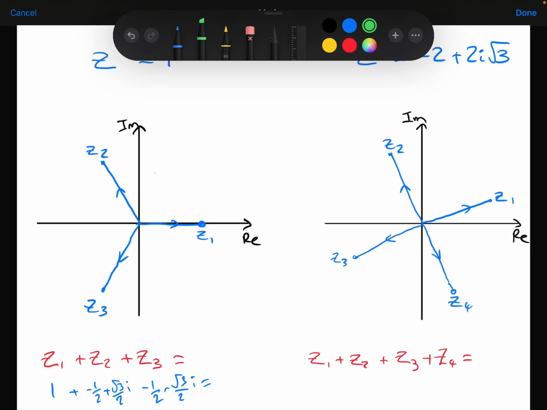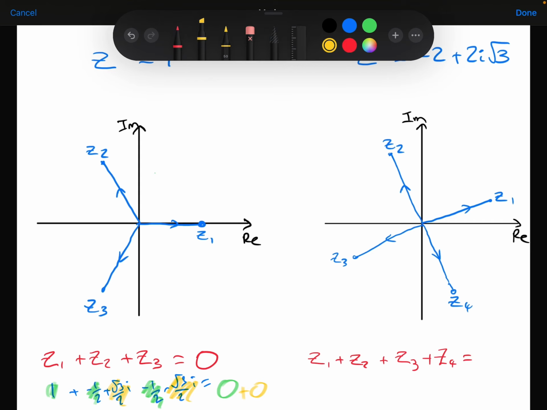And notice that the 1 minus a half is 0. And the root 3 over 2 i minus root 3 over 2 i is also 0. So the sum of those roots adds up to 0. And that's actually always going to be the case. And you don't need to do that the long way I just did.